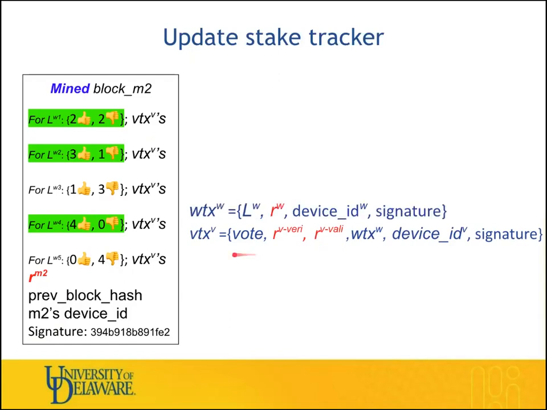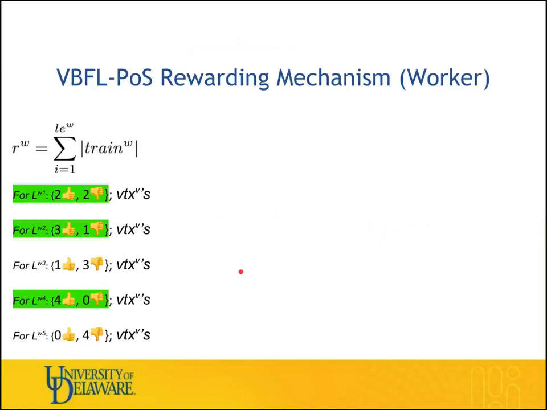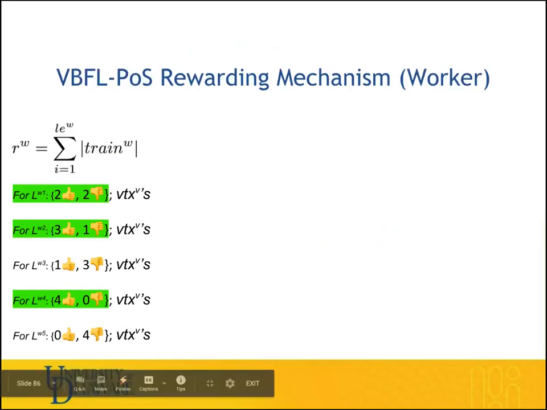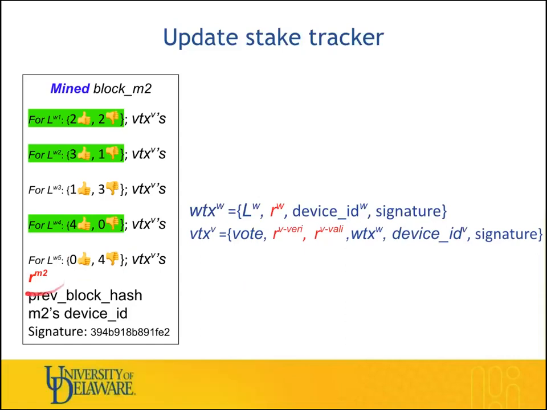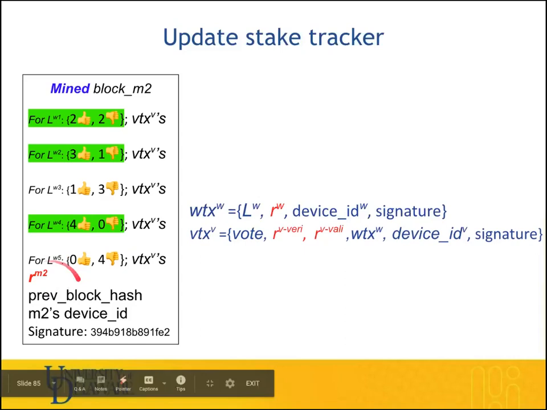Also notice that each validator transaction has a worker transaction encapsulated, in which the expected rewards to be granted to the workers can be recognized at this moment as well. And lastly, we have the minor rewards for verifying the signature of validator transactions, RM2.